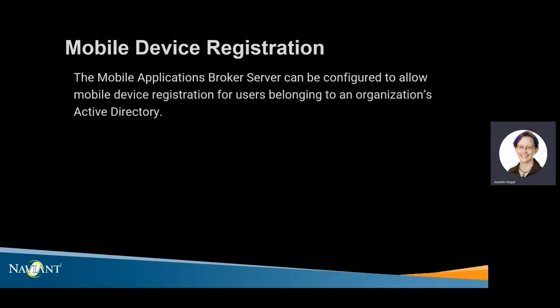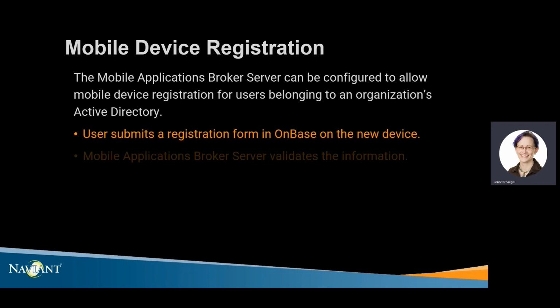For users with Android, iPad, iPhone, or Windows mobile devices, the mobile broker server can be configured to allow mobile device registration for users belonging to an organization's Active Directory. The basic steps are: a user submits a registration form in the device registration settings of the OnBase app on the device they are registering. The mobile broker server registration service then validates that information against Active Directory.